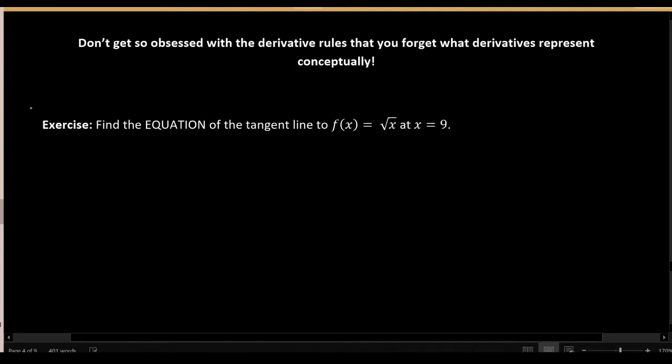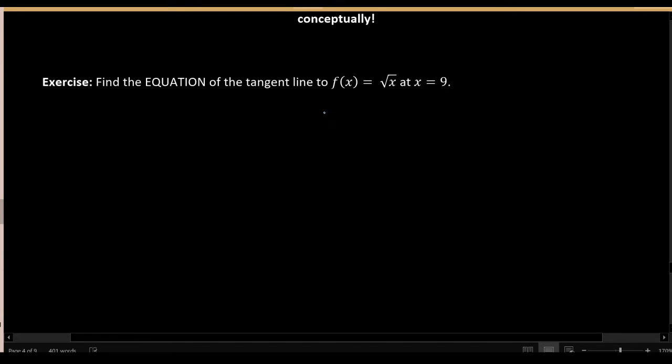So let's practice using that conceptual knowledge. Let's find the equation of the tangent line to the function f of x equals square root of x at the location x equals 9. Now remember, if you want to find the equation of the tangent line, you're going to need two things.